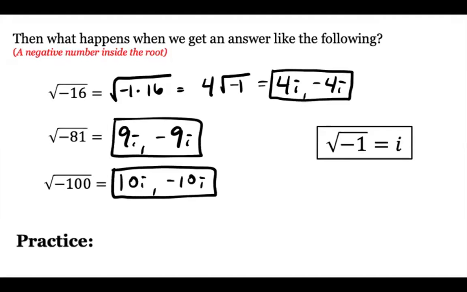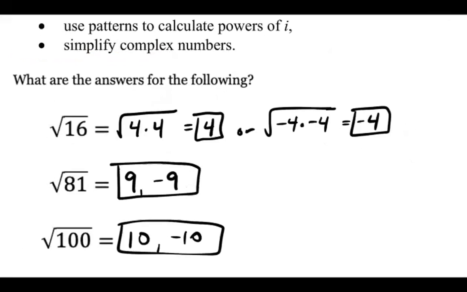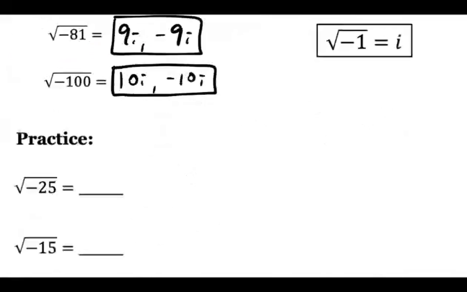Okay. Now, if it's just the square root of 100, regular 100, then you don't need to worry about the i's. The only time you worry about the i's is when you have a negative underneath the square root, just like these. If we don't have those, don't worry about it. It's just like these guys here, okay? That's the only time we have imaginary numbers.